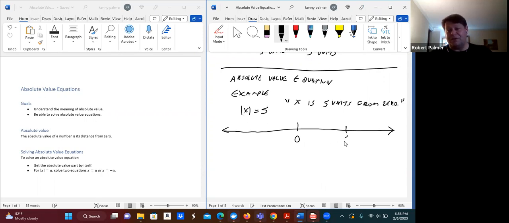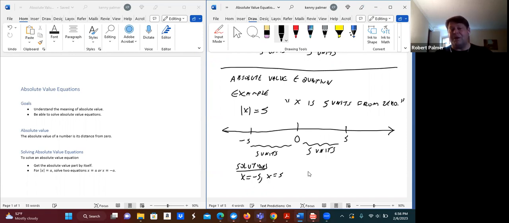Of course, we know 5 is 5 units from 0. But as we saw in the previous example, -5 is also 5 units from 0. So x, whatever it is, is 5 units from 0. Then our solutions, we have 2 that make it true: x is equal to -5 and x is equal to 5.